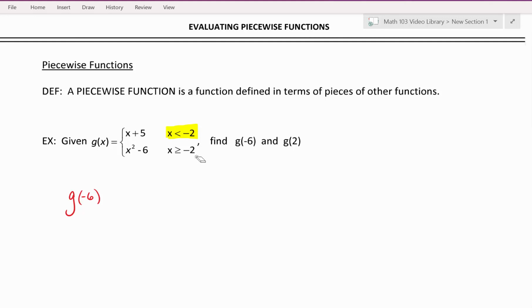Therefore, when evaluating g of -6, we want to use x plus 5. So we're just going to plug -6 in for x like we normally would when evaluating a function in function notation. -6 plus 5, g of -6 equals -1.